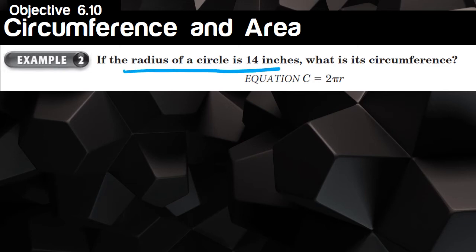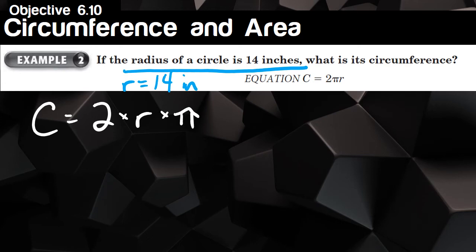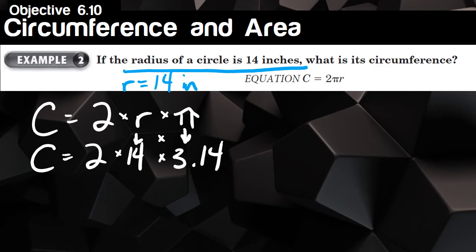Now let's try it if we're just given the radius. Say the radius, R, is 14 inches. What is the circumference? Our equation is C equals 2 times the radius times pi. Filling in the numbers, we have 2 times 14 times 3.14.